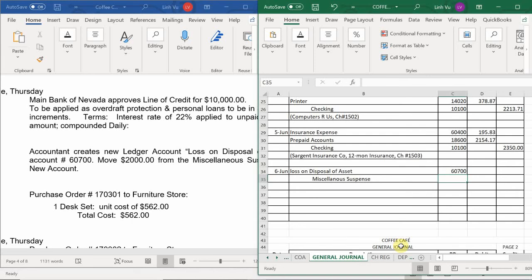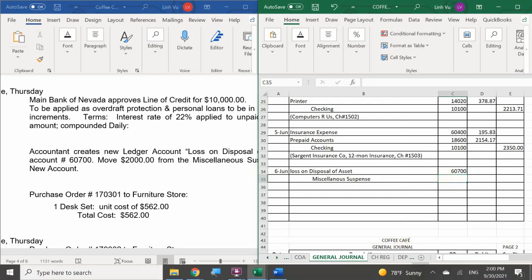We're zeroing it out because this $2,000 isn't an asset, right? Because you lost the money. It's not something that you own. We don't have it anymore, right? So in this case, we need to move it out into the correct account, which is the loss on disposal of asset.